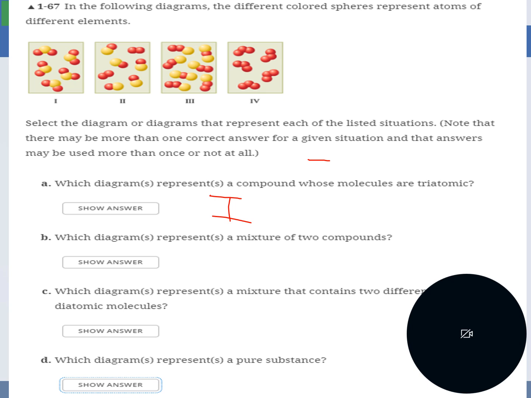For B, we're looking for 3. For C, which diagrams represent a mixture that contain 2 different diatomic molecules? And we were looking for diagram 2. And the last one, which diagrams represent a pure substance? And we were looking for diagrams 1 and 4.